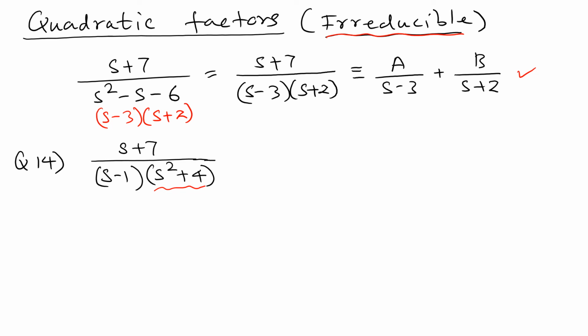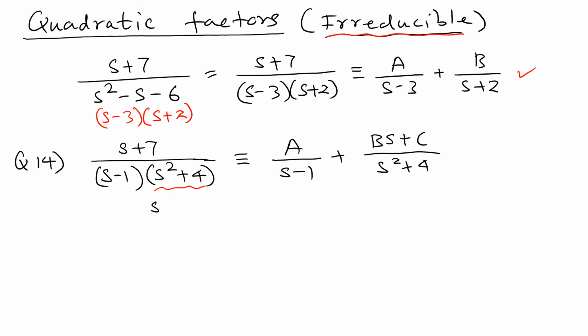If it is an irreducible one, what we normally do is similar to the previous problem that we did. We can write this as A over the linear factor (s minus 1) plus, where the bottom is s squared plus 4, the numerator has to be Bs plus C. This will be very similar to problem 13, so we use a standard procedure.